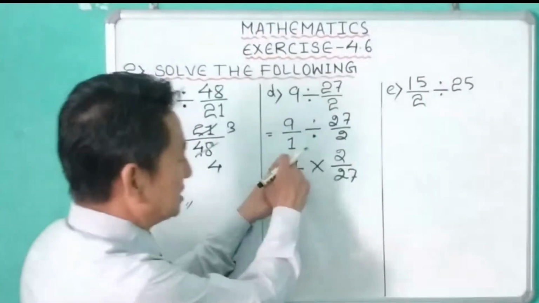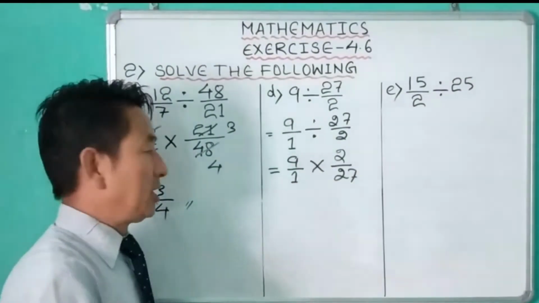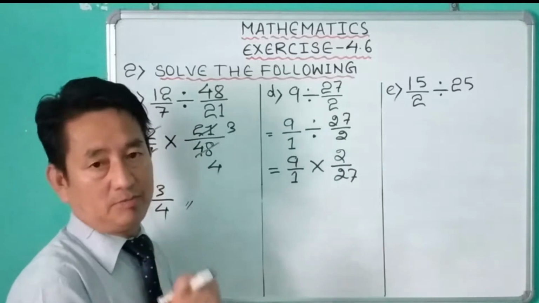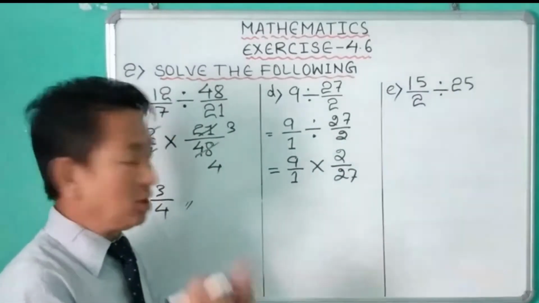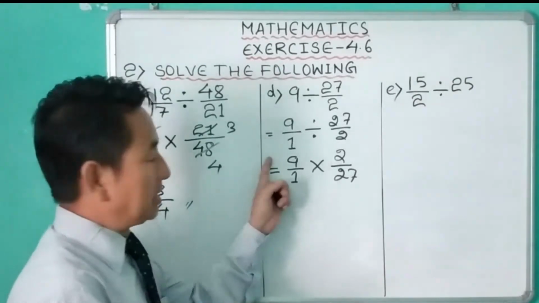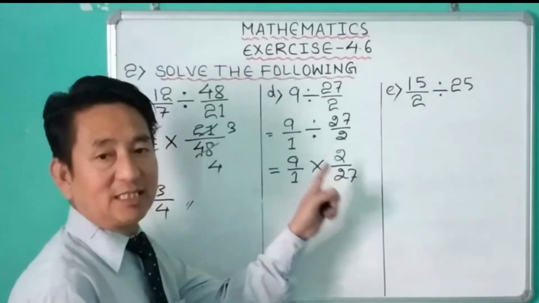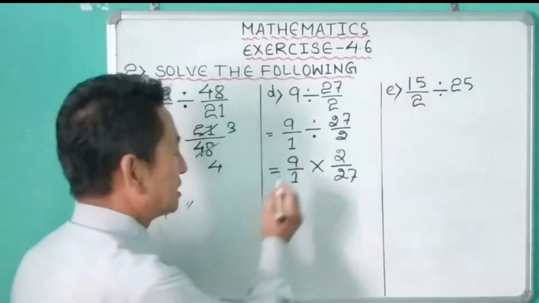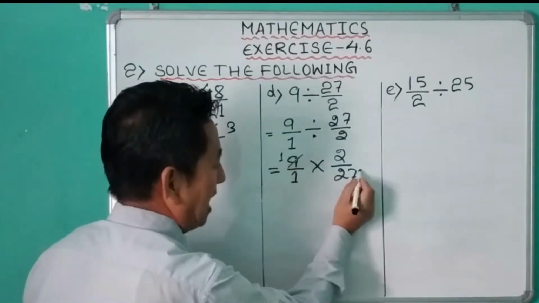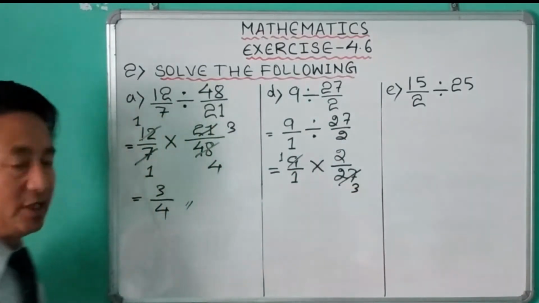We'll cancel this 9 and 27. Here we can cancel 9 and 27 by 3 or 9. So in this case we'll use 9. 9 ones are 9. 9 twos are 18. 9 threes are 27. We'll cancel this by 9. 9 ones are 9, 9 threes are 27.